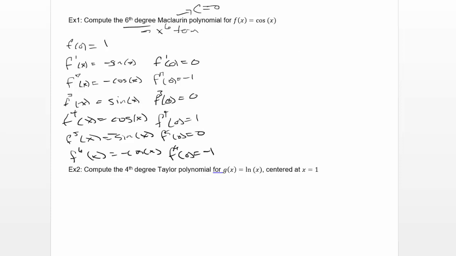This tells me these values are everything we need in order to fill in the recipe for a Maclaurin polynomial. So we want a Maclaurin, we'll use capital M for Maclaurin, 6th degree.